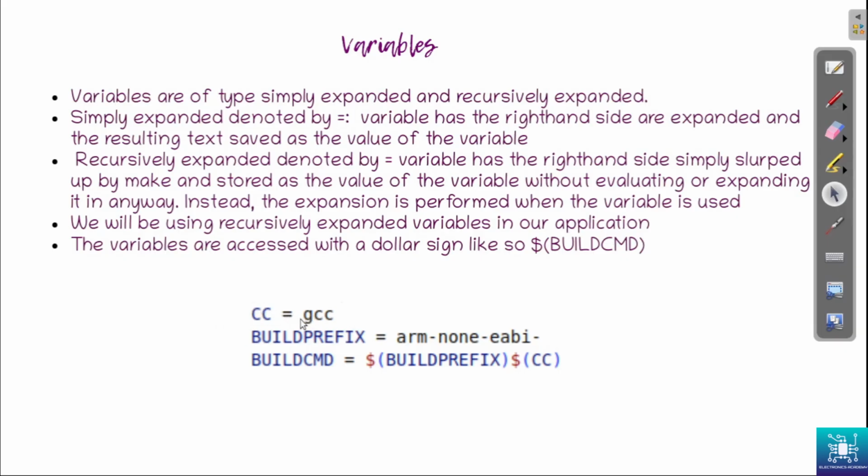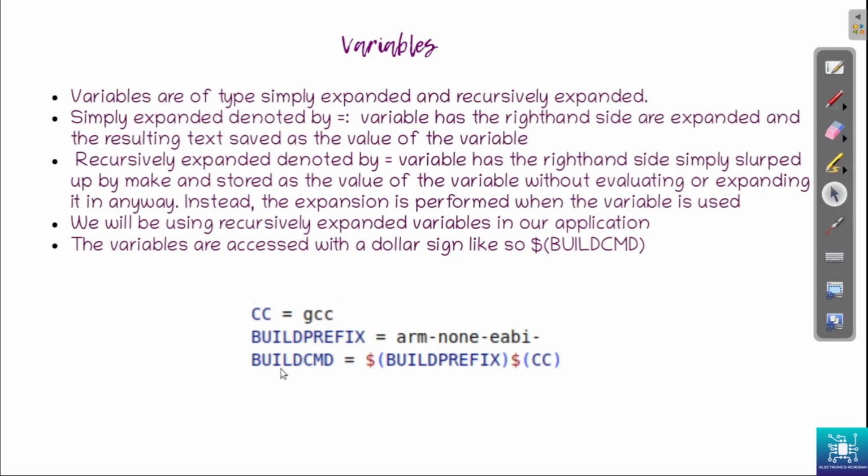CC is the variable name, and the right-hand side is the value. When you use CC in the rule, that is when this gcc is going to be substituted there. It is not going to be substituted at this stage.